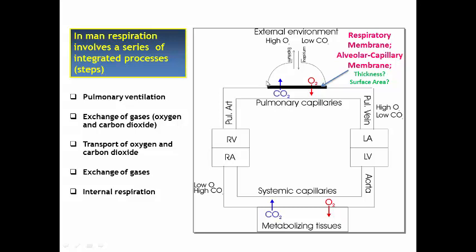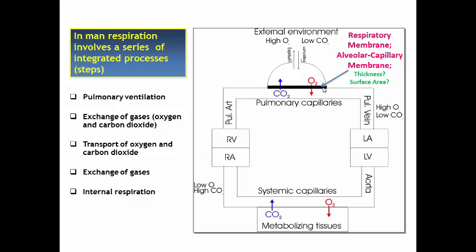This takes place by diffusion across what we call the respiratory membrane, or the alveolo-capillary membrane, or the alveolar membrane. This membrane is composed of the wall of the alveoli and the wall of the pulmonary capillaries, because the pulmonary capillaries surround the alveoli. This membrane is composed of several layers, as we will see in the next slide.